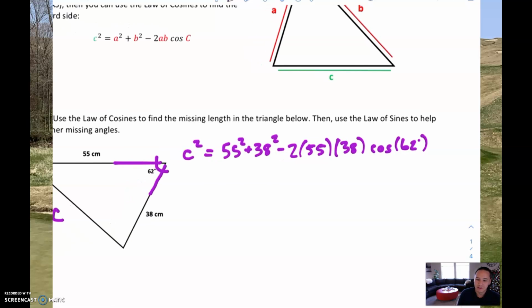So that's a really long, messy, drawn-out equation. You can just type this in exactly as you see it into a calculator.